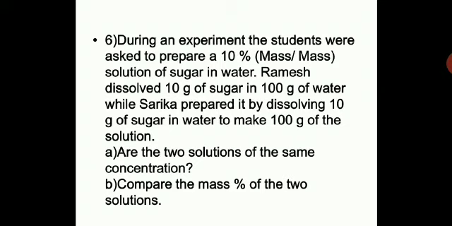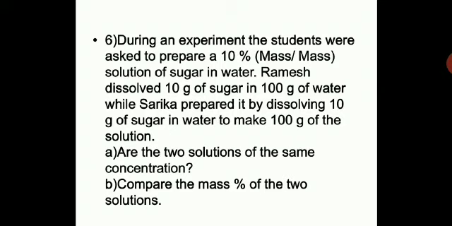Ramesh took 10 gram of sugar and added it to 100 gram of water, while Sarika took 10 gram of sugar in water, then she made a level in the measuring cylinder. She added water till the mark of the cylinder shows 100 gram or 100 ml.